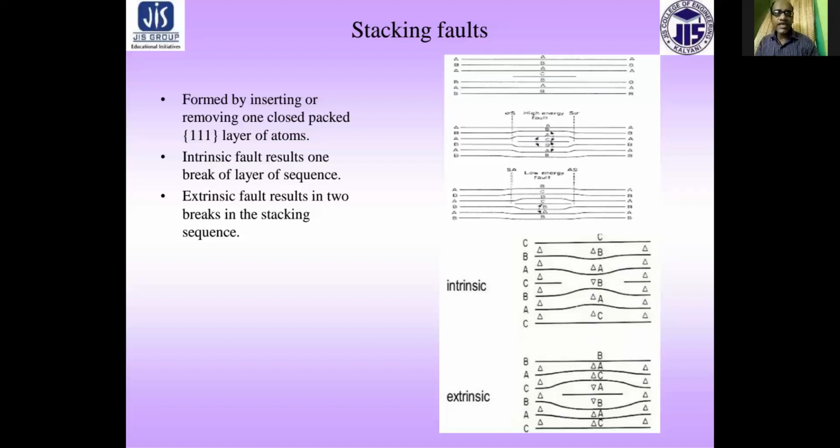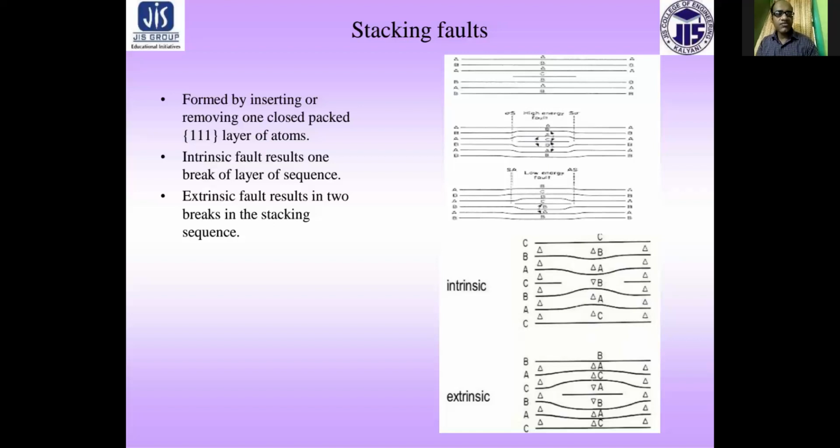Now, a stacking fault results from the stacking of one atomic plane out of sequence with the others, and the lattice on either side of the fault is perfect. The stacking sequence in an ideal FCC crystal is ABC, respectively.